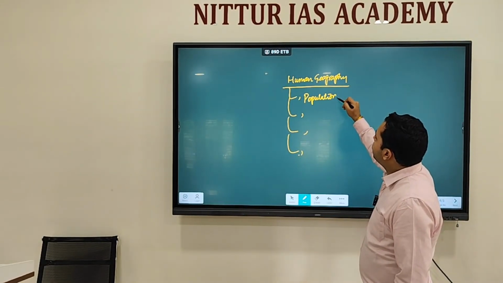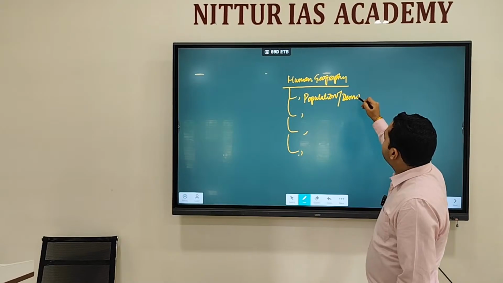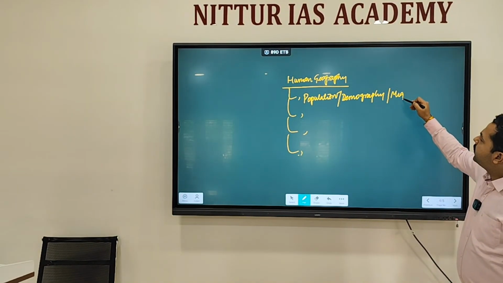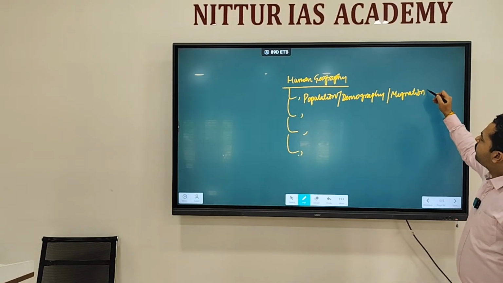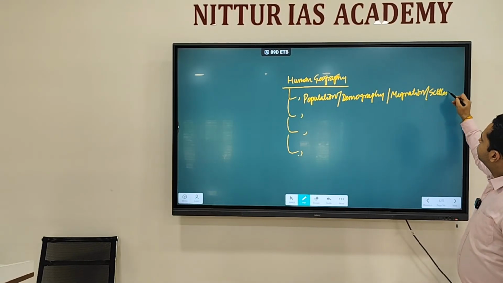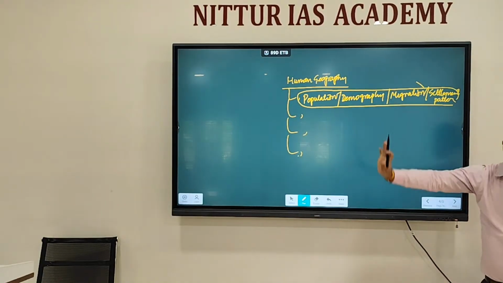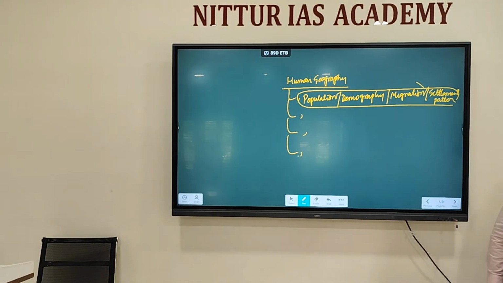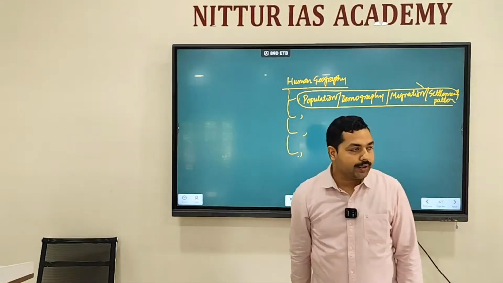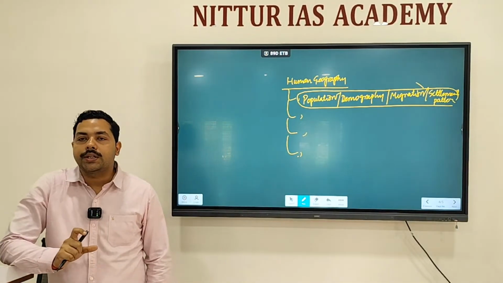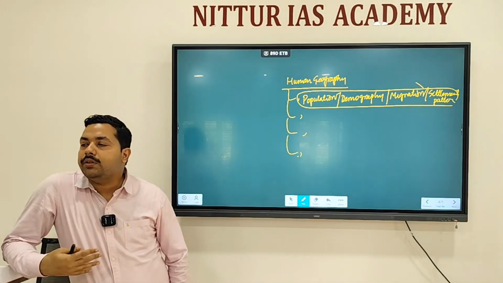You are going to study about demography, migration, settlement pattern. How much is the population of an area? What is the demography of an area? Migration pattern, settlement pattern, all these things you are going to study from the human perspective in human geography.